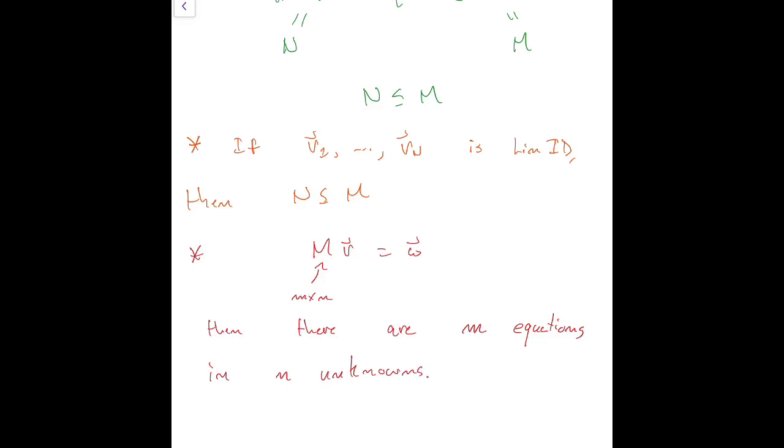And to say that Mv equals w has either 0 or 1 solution for every w in Rm is to say that M is overdetermined. That would be the intuitive way to think about this.